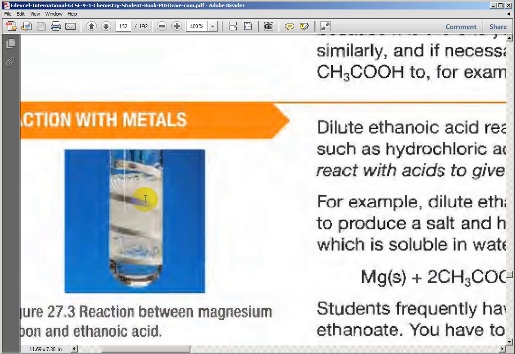Due to a gas. Do you know the name of this gas? Say the name of the gas. Are you listening to me? What is this? What is the name of this gas? This is the fizzing, bubbles. What is the name of this gas?